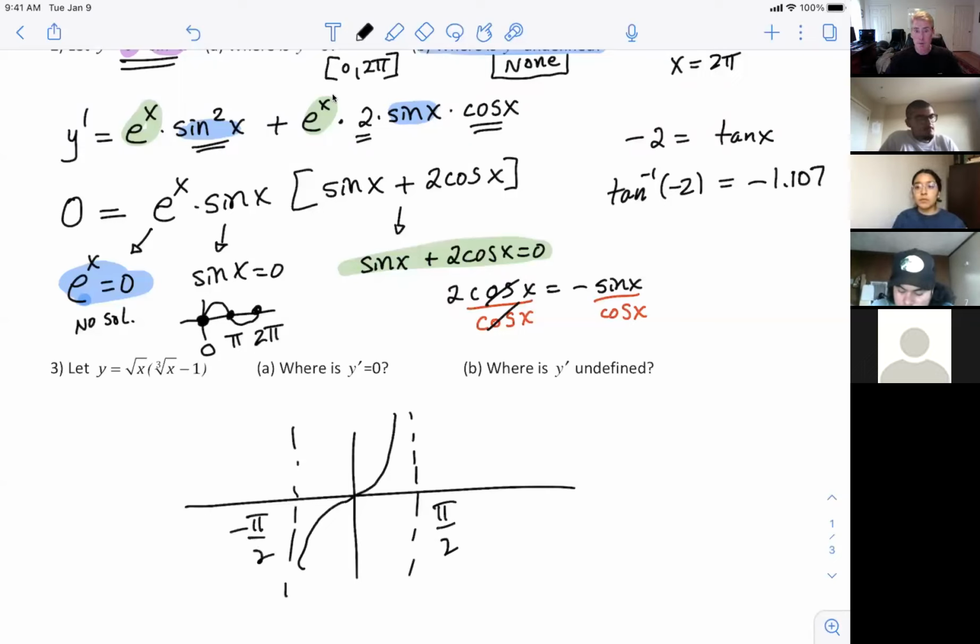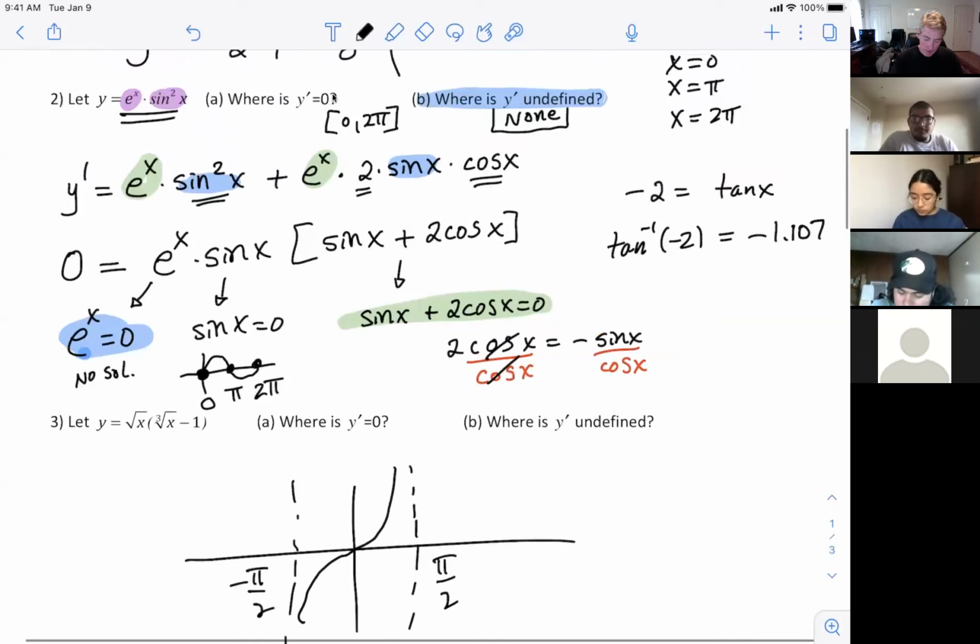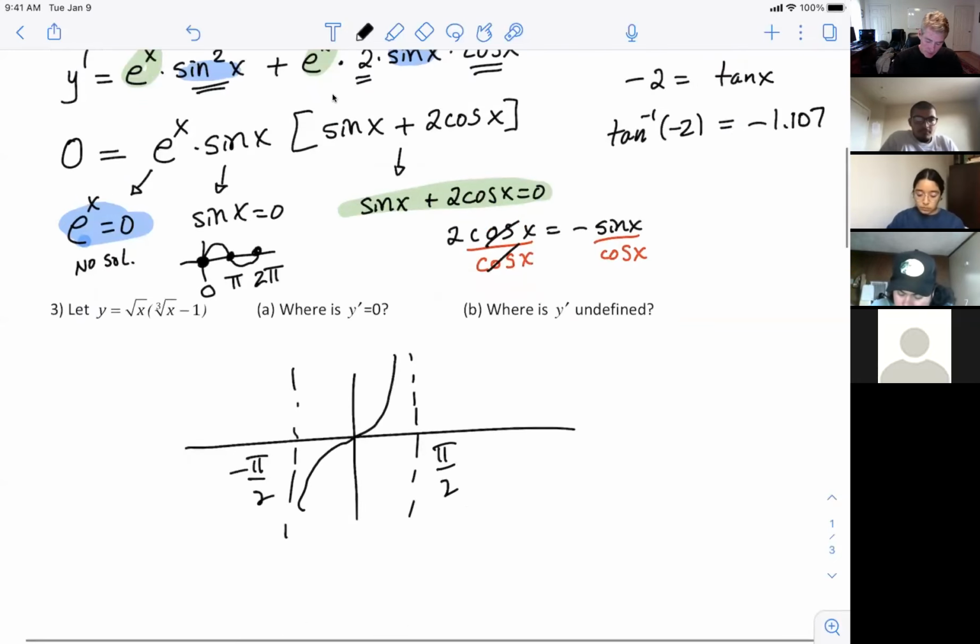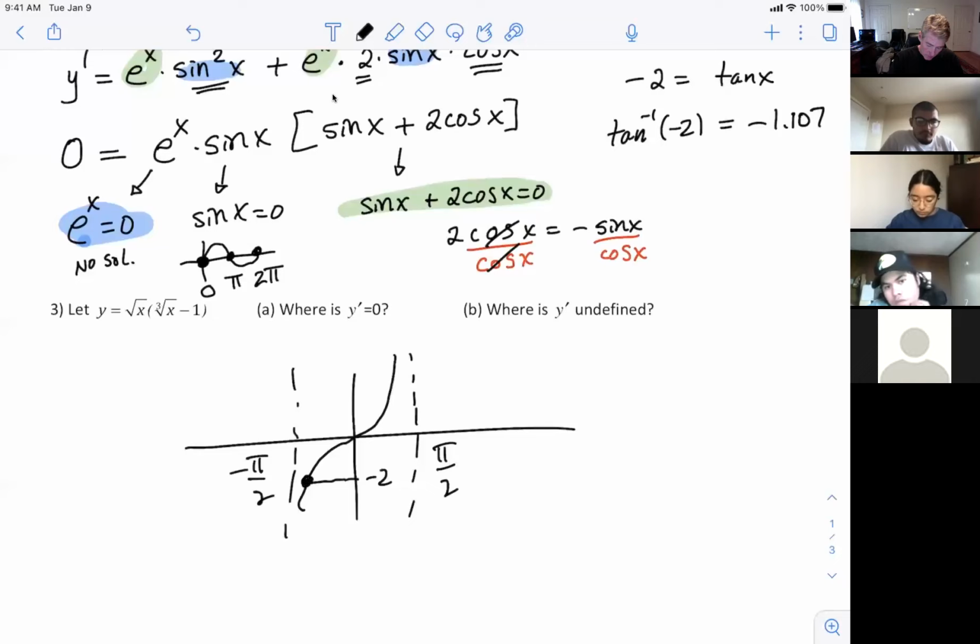Now, negative 1.107 is not inside of the interval 0 to 2 pi, but here's basically what's happening. Here's negative 2 on the y-axis, and then I just graphed the tangent, very sloppily, but that's tangent. And if you go across, when does tangent equal negative 2?